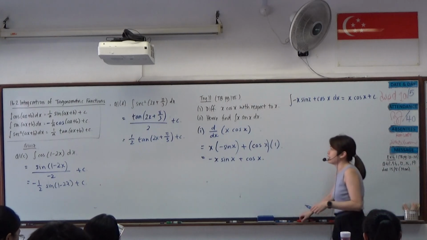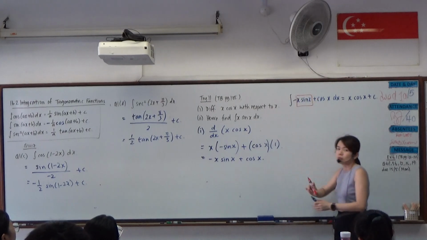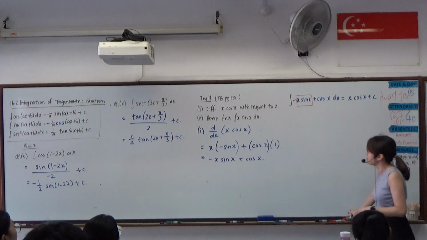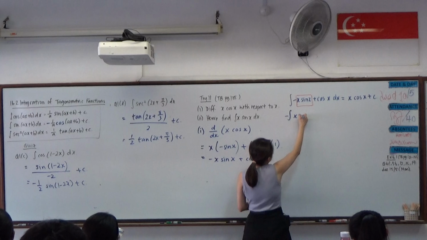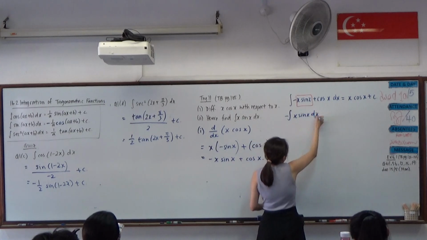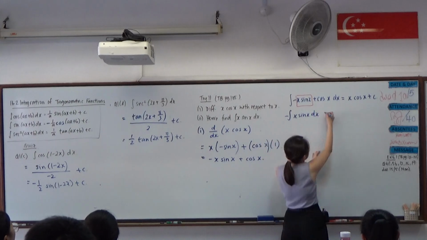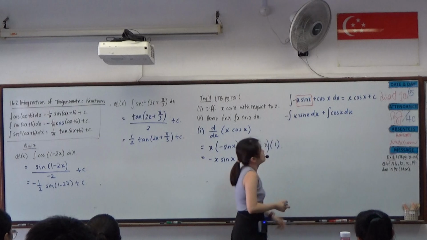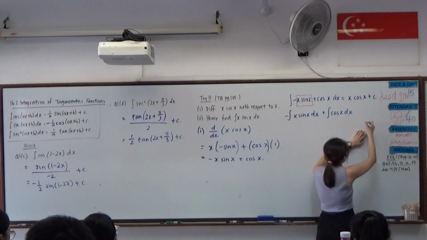And we observe that what we want to find is actually found over here. So we need to do a little bit of manipulation by breaking things up. This is actually negative x sine x, integrating with respect to x, and then we break away the cosine x into a separate integral by adding the integration of cosine x dx. Right-hand side, keep it.